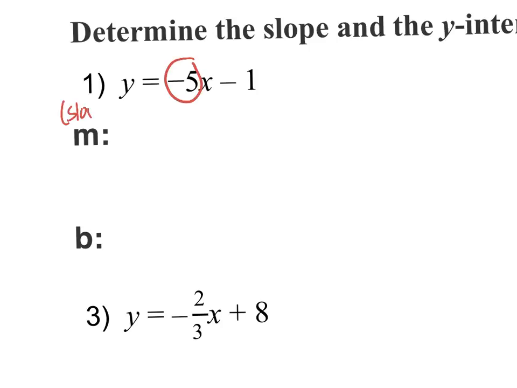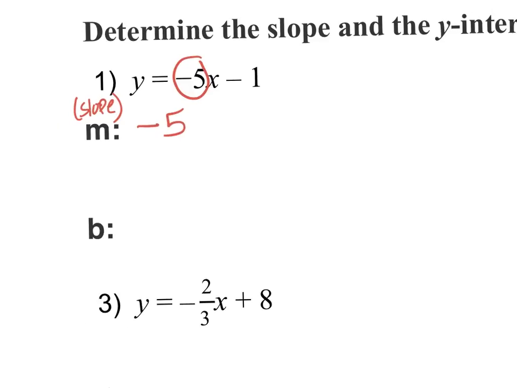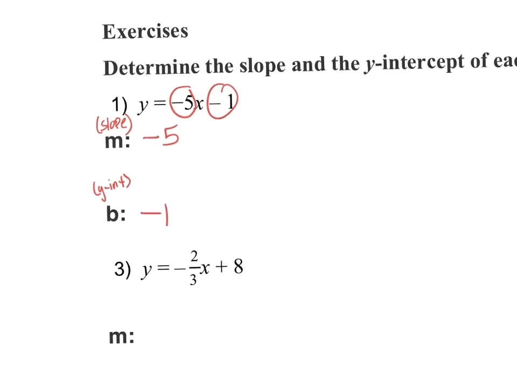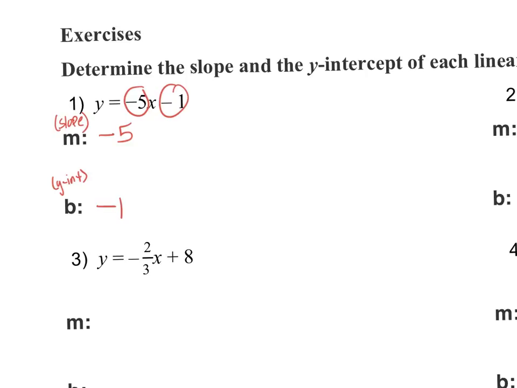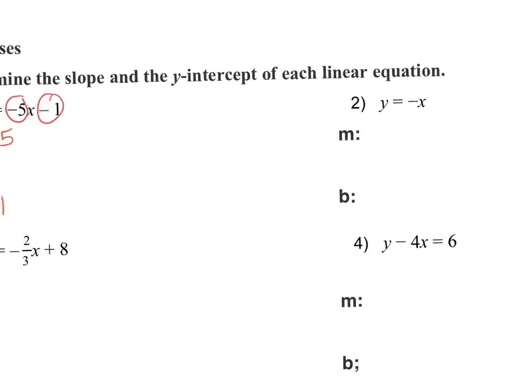If you want to write that on top as a reminder, you can. If that's my slope, then what is my b, or y-intercept? -1. That's all we're doing for this top part.